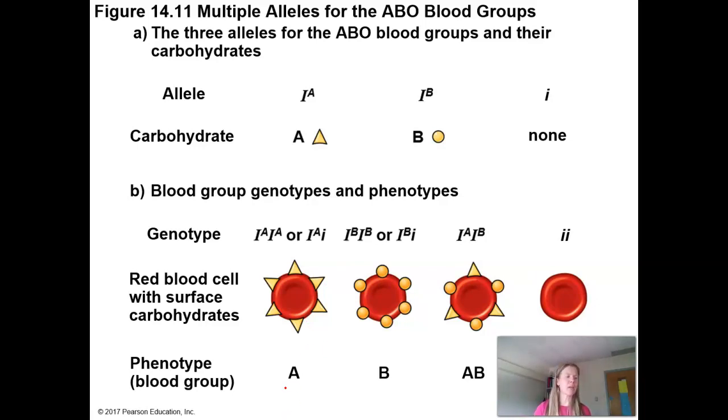So we have our different blood types listed down here: A, B, AB, and O. And really, when you think about blood type, what makes someone have type A blood is if they have a certain shaped antigen on the surface of their cell. So this one's the A antigen, and that surface marker came from their genes, right?